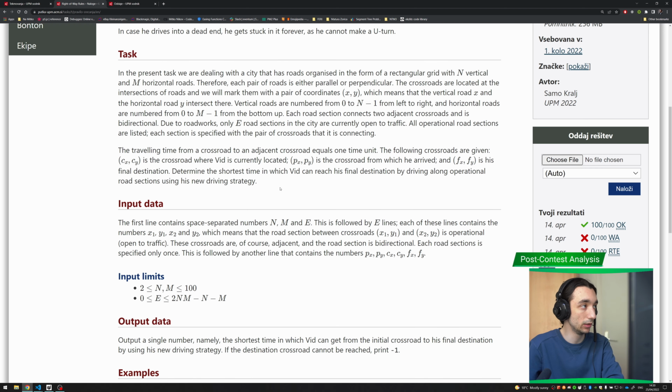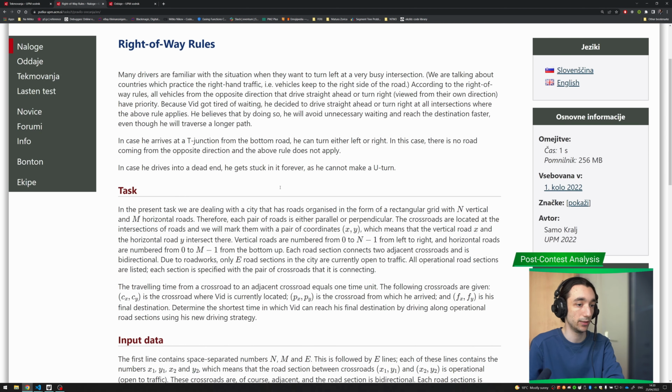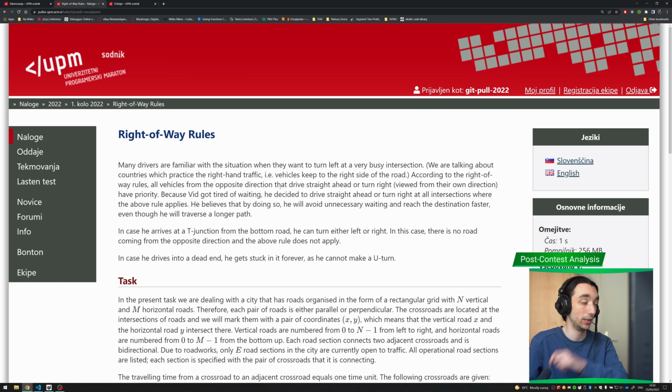Weirdly, I did not read this problem, but a colleague actually solved it on paper, and I just wrote the solution.